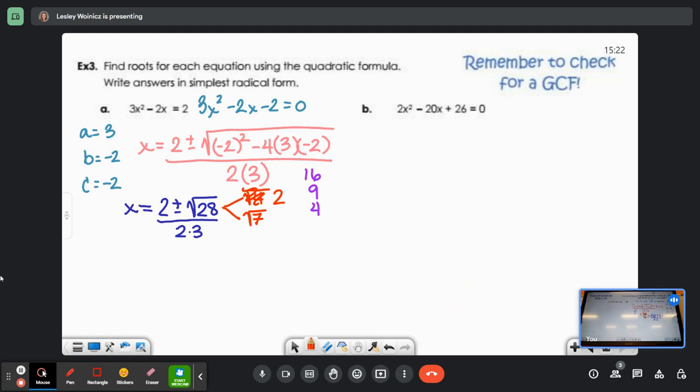So already this one is a little bit more involved than the last one. So this time we'll have x equals 2 plus or minus 2 root 7, the whole thing divided by 2 times 3. Now, when you have an answer like 2 divided by 4, do you see that they have a common factor?